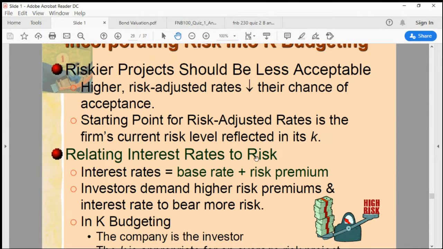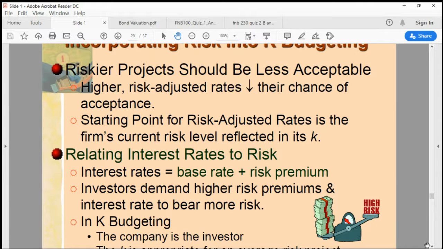In this case, we are talking about some specific risk related to the real options, right? That can be reduced by real options. Now, investors demand higher risk premium and interest rates to bear more risk. Yes, of course, the higher the risk.